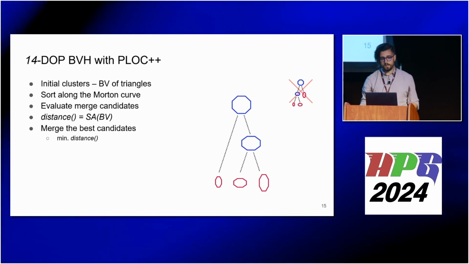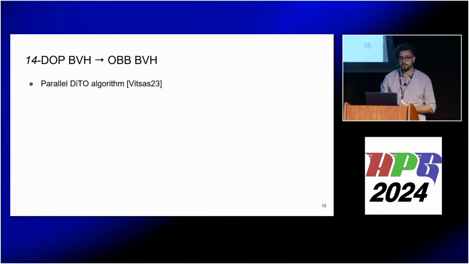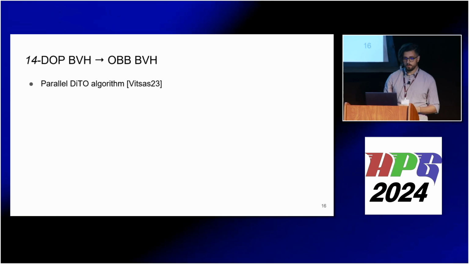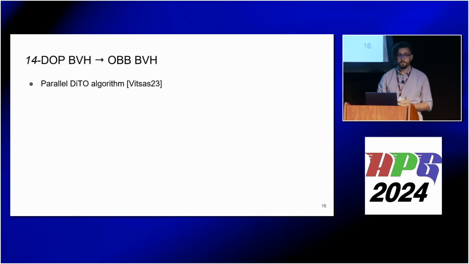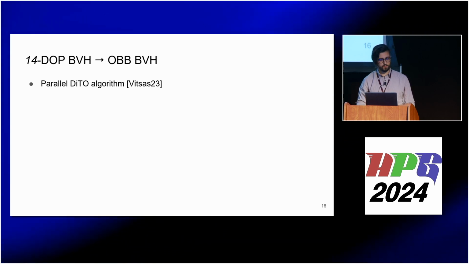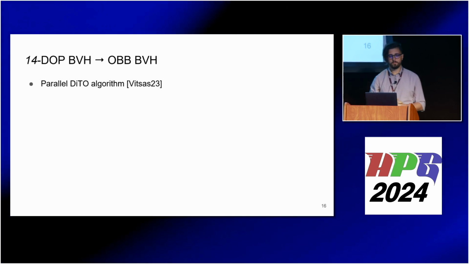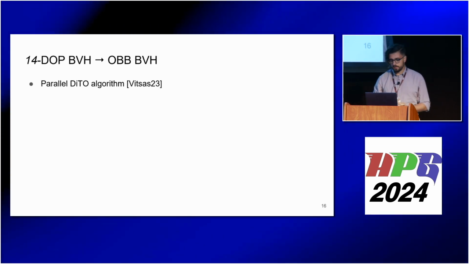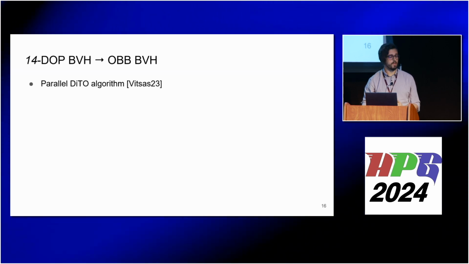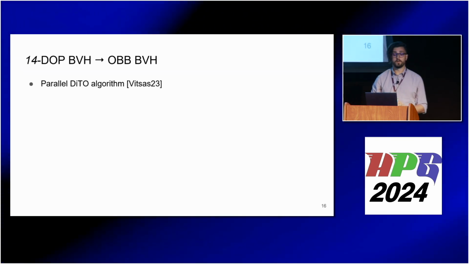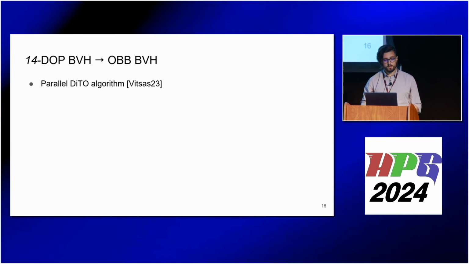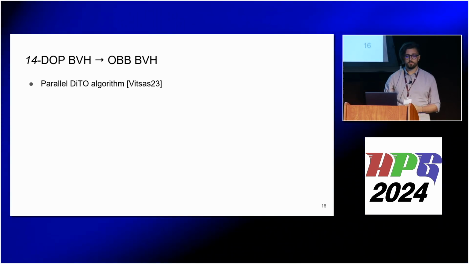And the last 14-DOP BVH algorithm I'd like to present to you is based on previous work of Vitsas et al. that I already mentioned. This is the transformation of an existing 14-DOP hierarchy to a new approximate OBB hierarchy. This parallel D-tetrahedron OBB algorithm is quite involved.